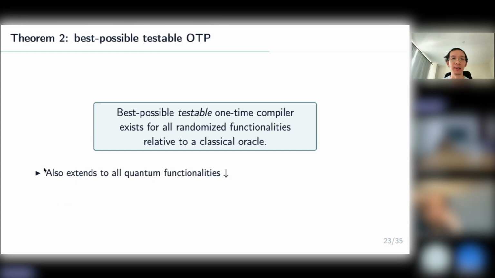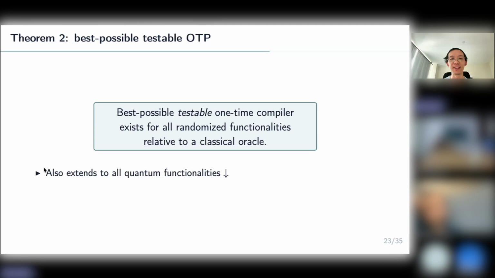Okay, so now that we have laid the groundwork, I can finally introduce you to the first positive result that we achieve in this work, which is that we give a best possible testable one-time compiler for all randomized functionalities.